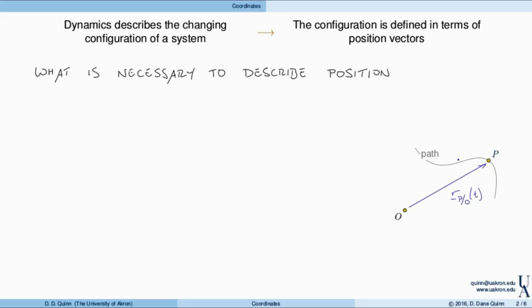What do we need, again, to describe the position? Well, we need a couple of things. One of them is represented as a basis. This is a set of reference directions, typically fixed in the ground, but sometimes we'll use other directions for this system. The analogy here, in terms of, say, a map, would be north, south, east, and west.